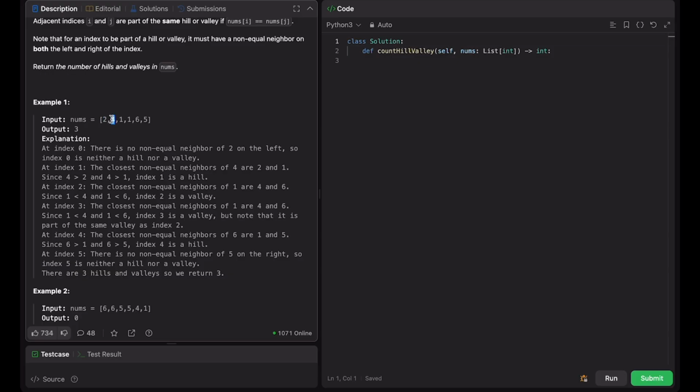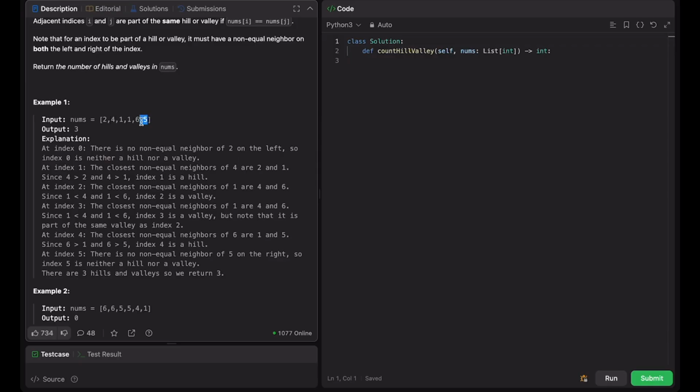Now we'll go to 4. On the left it is lesser than 4, and on the right it is also lesser than 4. So this is a hill, and we take it into account as 1. Next, these two are equal, so they contribute to the same hill or valley. Before it, one is greater, and after it, one is also greater, so it contributes to a valley.